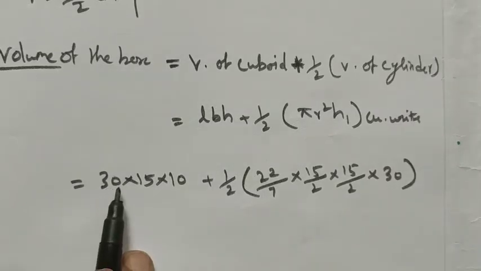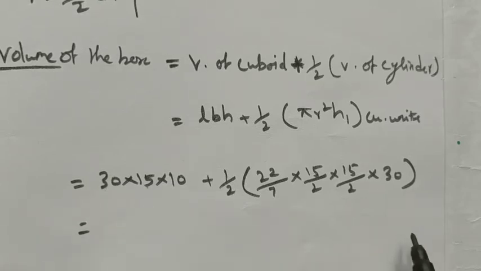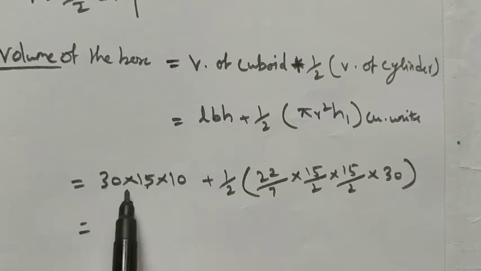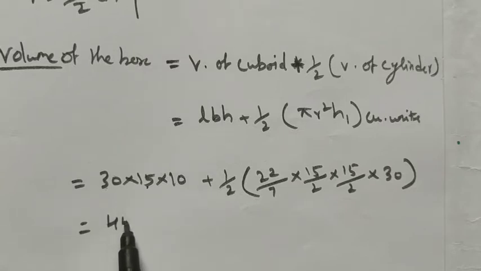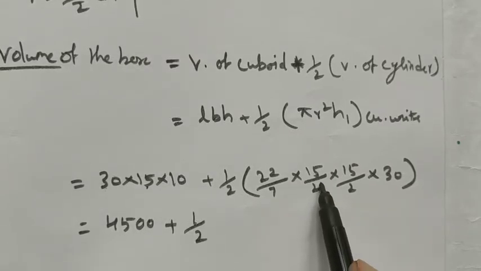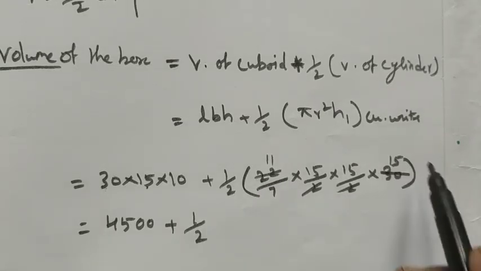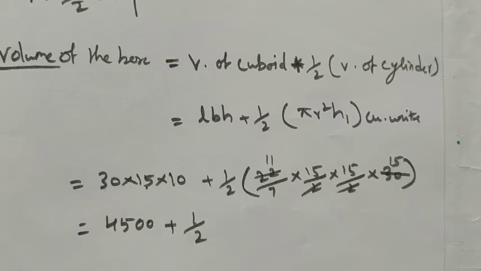Now 30 into 15 is 450, into 10 means 4500. Plus half into, let me multiply the terms.